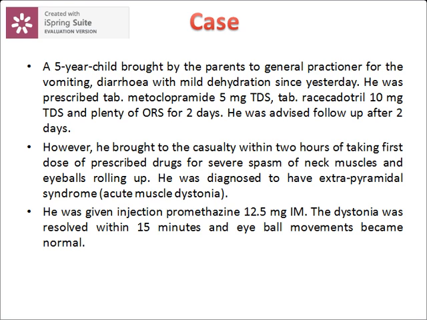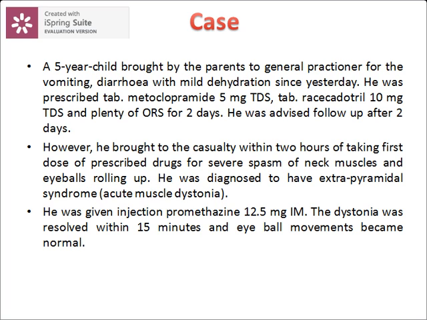However, he was brought to casualty within 2 hours of taking the first dose of the prescribed drugs for severe spasm of neck muscles and eyeballs rolling up. He was diagnosed with extrapyramidal syndrome, that is acute muscle dystonia, and was managed for the dystonia with promethazine.